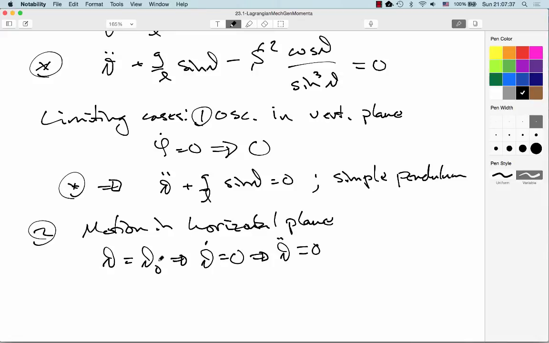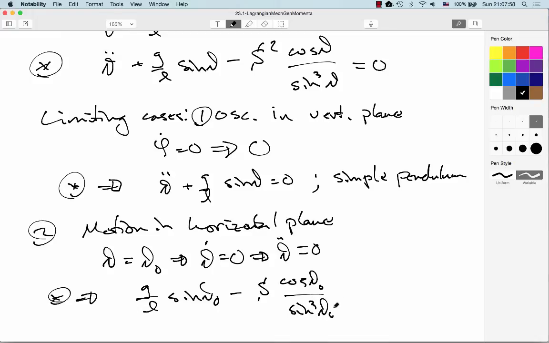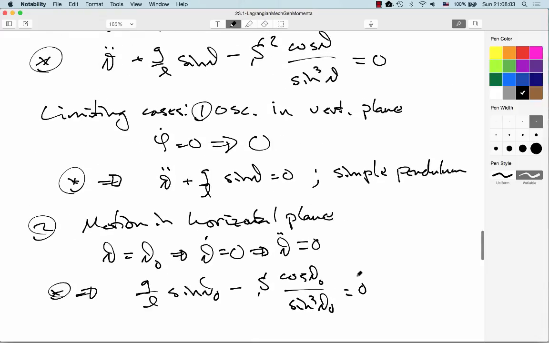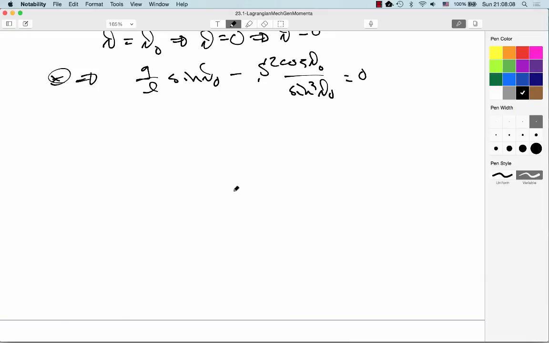So this gives us something we can say about the spin that we require to orbit at that angle. So in this case, star becomes, putting in the 0 for theta double dot, we have g over L sine theta naught minus s squared cos theta naught over sine cubed theta naught equals 0. Oops, s squared. There we go. All right, so we can rearrange to get s squared.